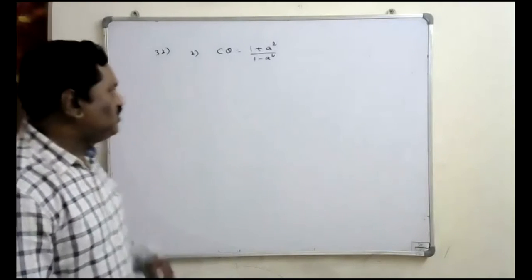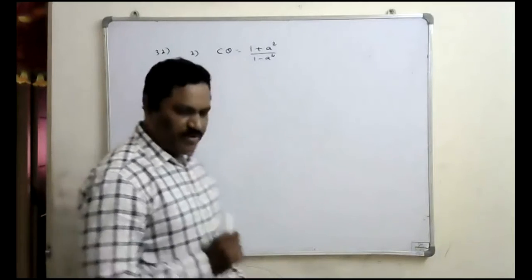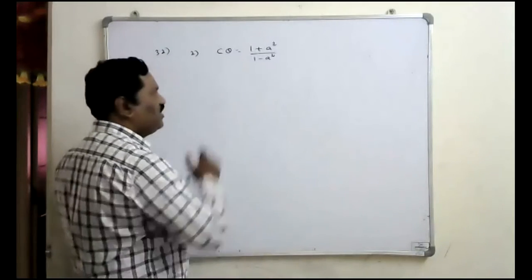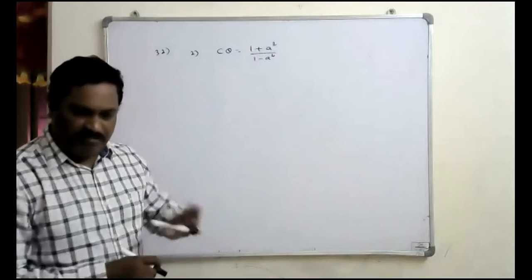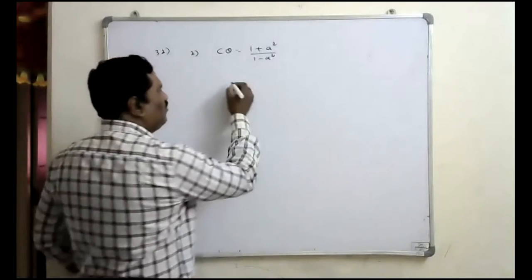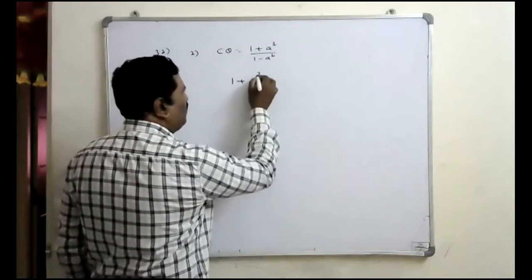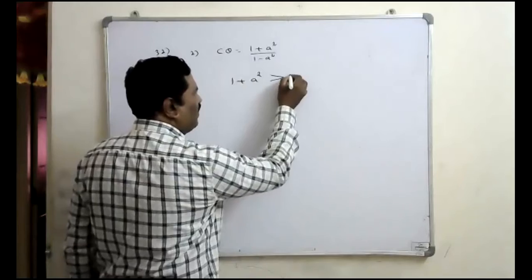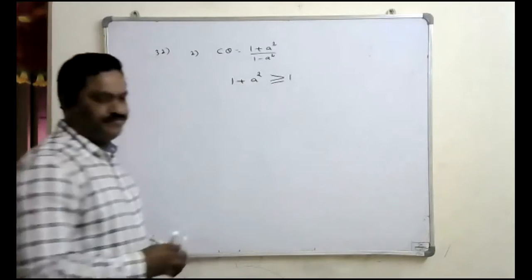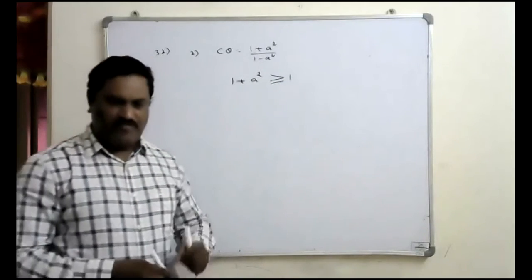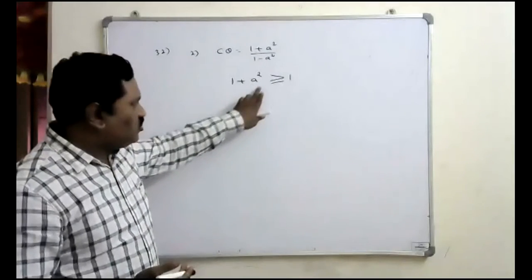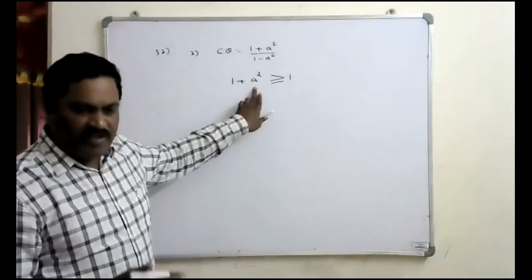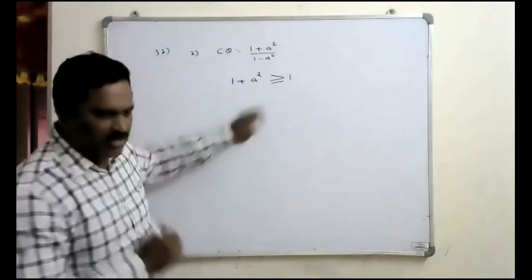If you observe this relation, 1 plus a square upon 1 minus a square, since a square is always positive, a square never will be negative, right? Then 1 plus a square is always greater than or equal to 1. If I add some positive value to 1, this total value is always greater than or equal to 1.